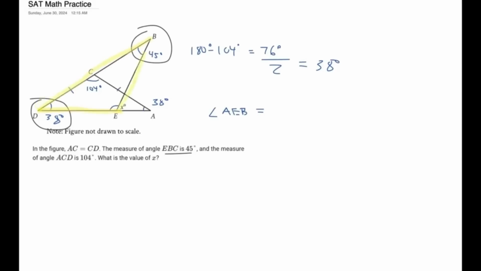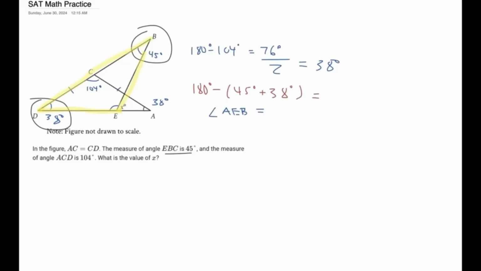This triangle. All right. So we know there is, let me just switch back. There is 180 degrees in a triangle. So if we found two of the angles, 45 degrees and also 38 degrees, then we can find the last value.